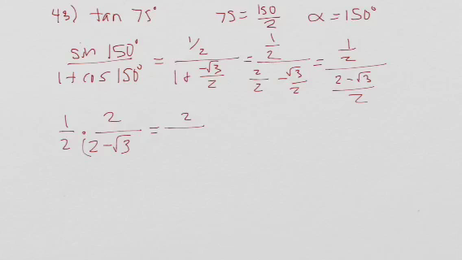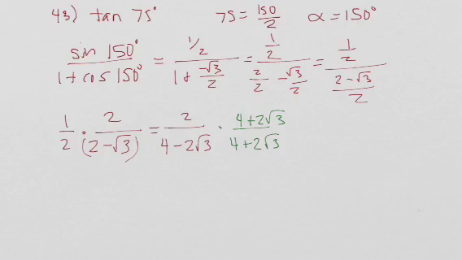Again, it's going to be treated like FOIL, a monomial times binomial, 2 times 2, and then 2 times negative square root 3. And this is where the problem is in this one: it's not finished. It's ugly. We're going to have to find a denominator that doesn't have a square root in it. So I'm going to multiply by 4 plus 2 square root 3, and that might have been something that you did not see.